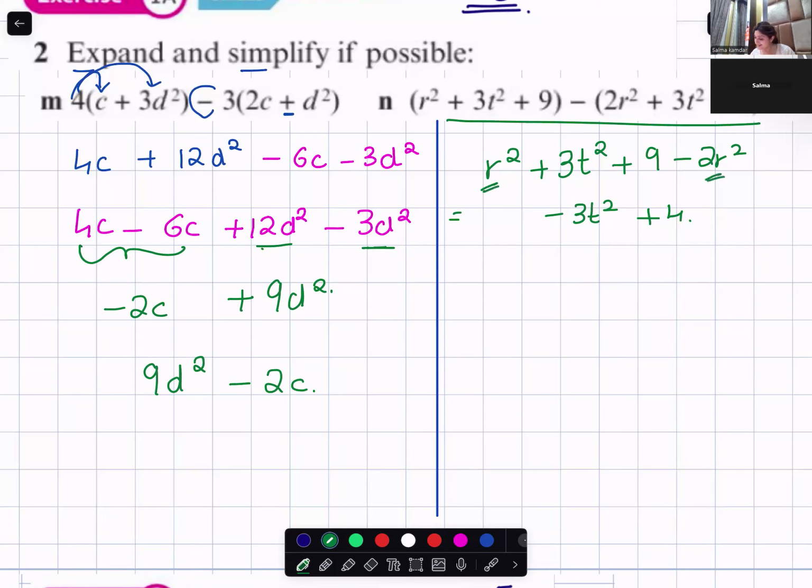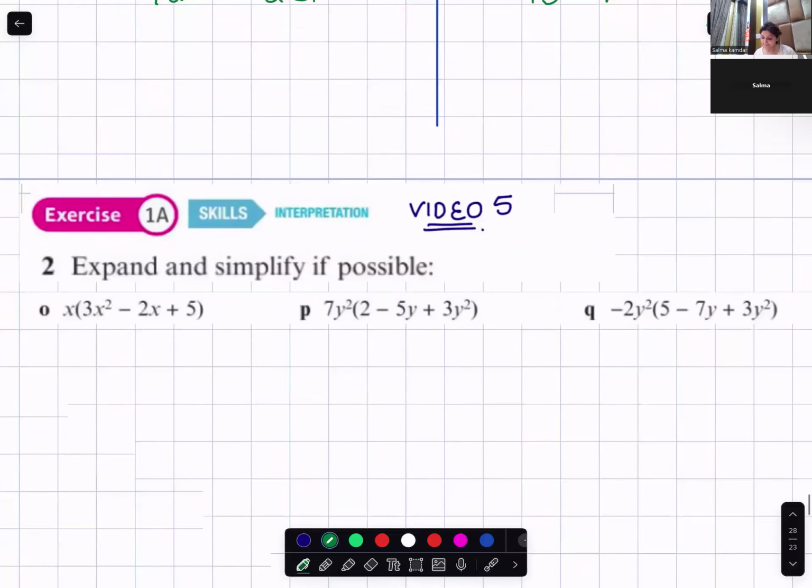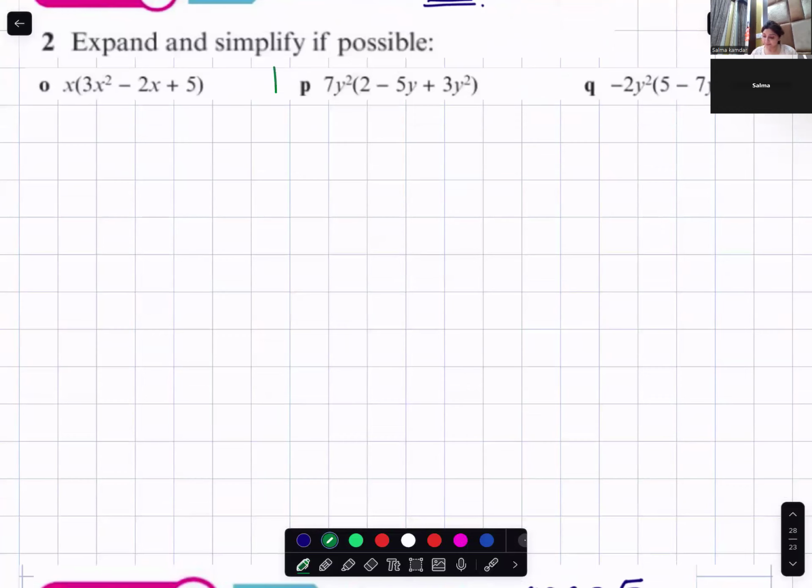So r square minus 2r square, plus 3t square minus 3t square would cut. So I have plus 9 and plus 4, so 9 plus 4 is 13. Plus 1 and minus 2 is minus, so it will make it minus r square. Please pause the video. Try these 3 sums yourself.